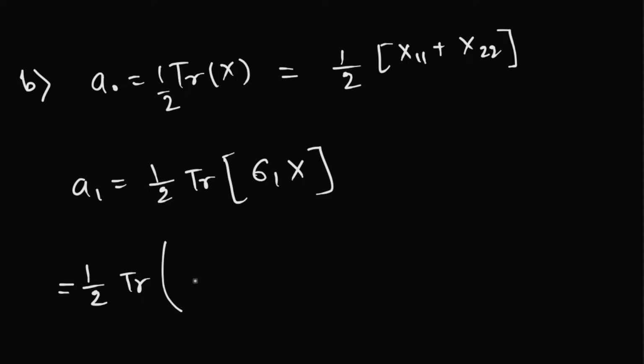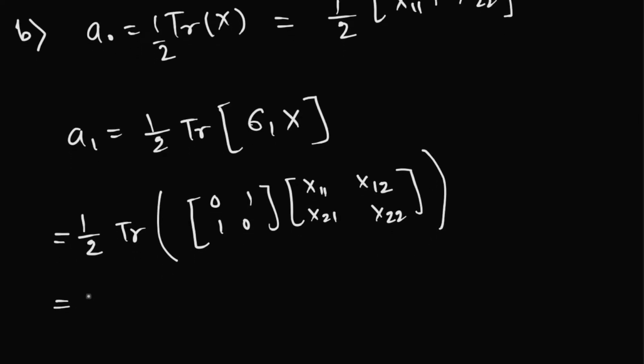Let us see what it is. Trace of, what is the sigma 1? Sigma 1 is 0 1 1 0, times x11, x12, x21, x22.